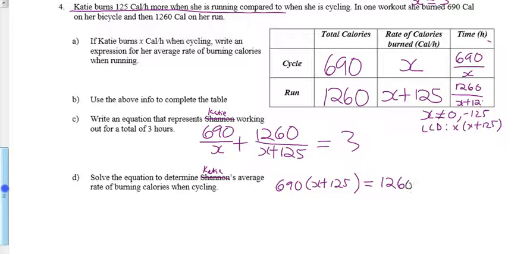The 1260 is going to be multiplied by x, and that's a plus sign. And the 3 will be multiplied by both. Okay, it's a short one. If you want to, you fill in the long one above. Leave yourself a little bit of room to fill it in.